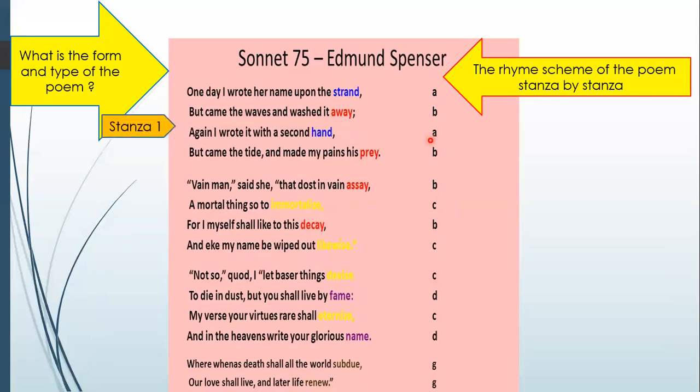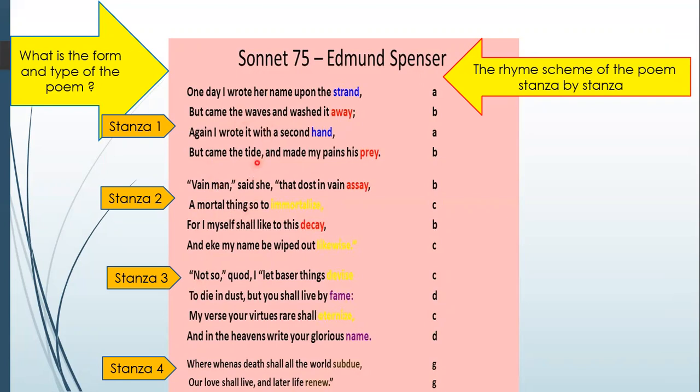You see here, stanza number one, and this is the rhyme scheme. And stanza number two, here we have its rhyme scheme, and stanza number three, and also stanza number four. So one, two, three, four.